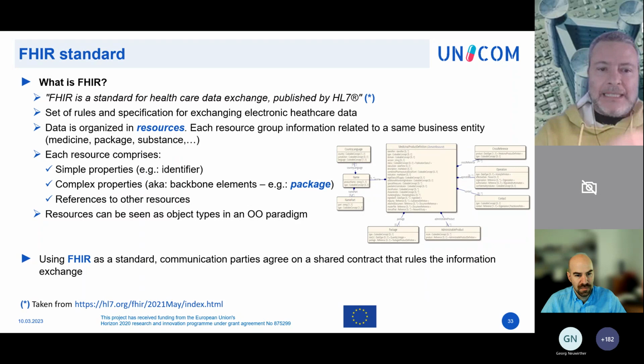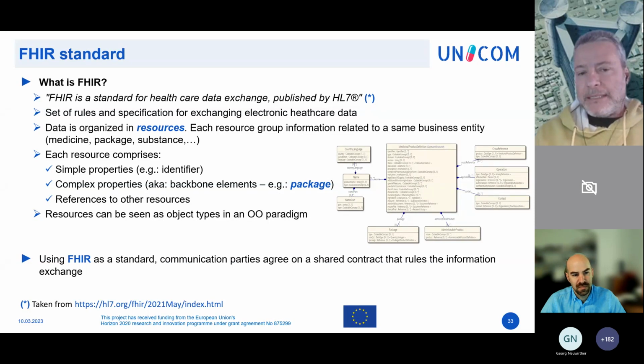The information contained in a resource is logically related to a business entity, for example, a medicine or a package or a substance. A resource contains simple properties that are scalar properties, for example, text or numbers or dates, for example, an identifier, and complex properties that are containers of simple properties, which FHIR calls backbone elements.